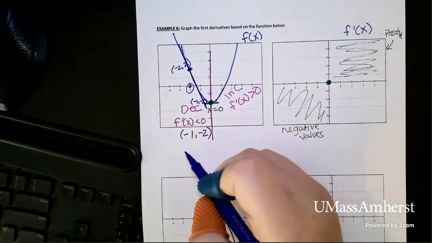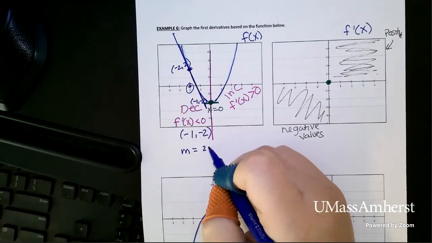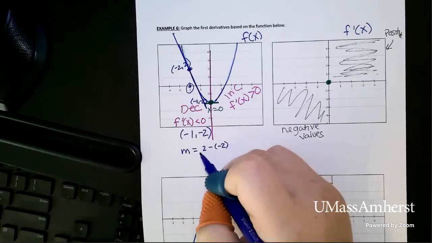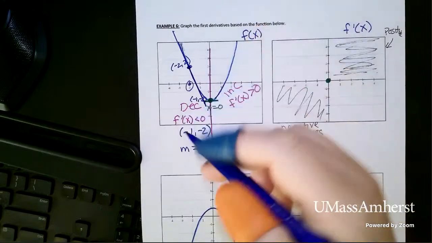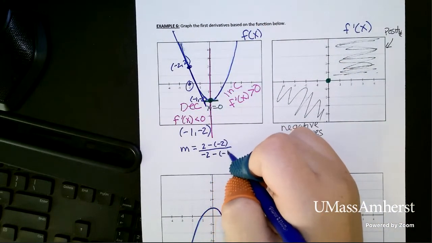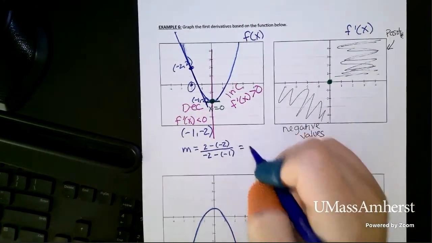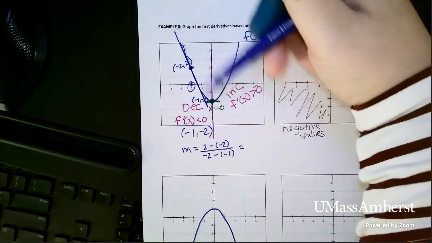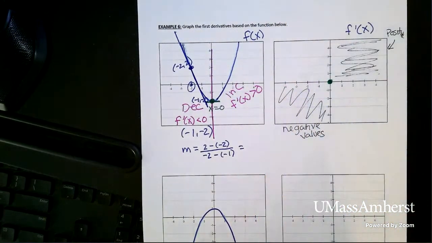So I find the slope, the change in y over change in x. So 2 minus negative 2, divided by negative 2 minus negative 1. I have to be really careful here with all my negatives, but I know that the value should be negative because it's downward sloping, and I know I have to be down here.